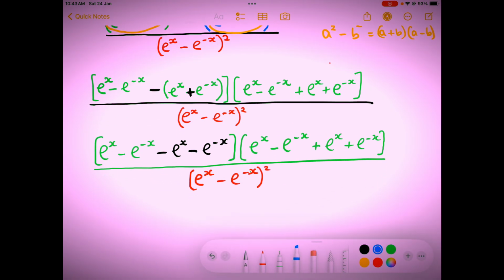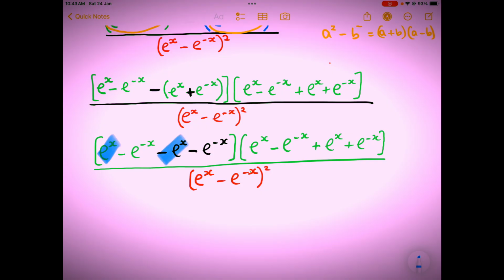Now we can say that we have e^x here, and this one can cancel the minus e^x, right? 10 minus 10 will give me 0. 5 minus 5 will give me 0. So e^x minus e^x gives me 0, right? So I have simplified that part by cancelling this out.